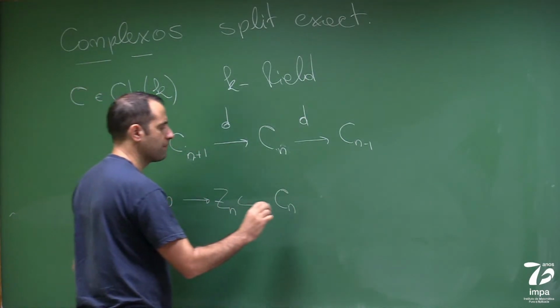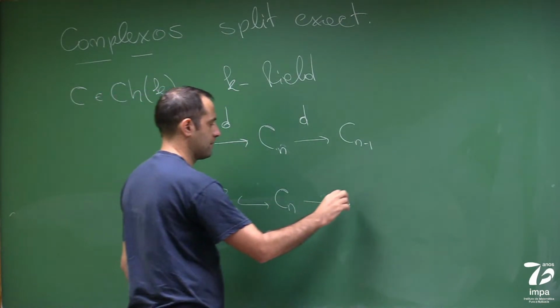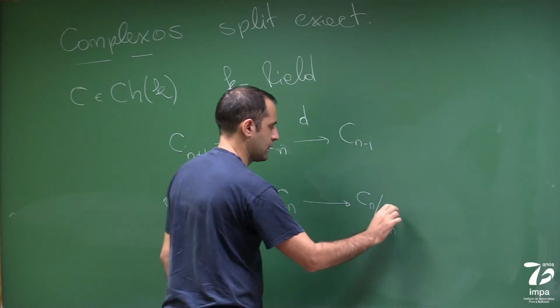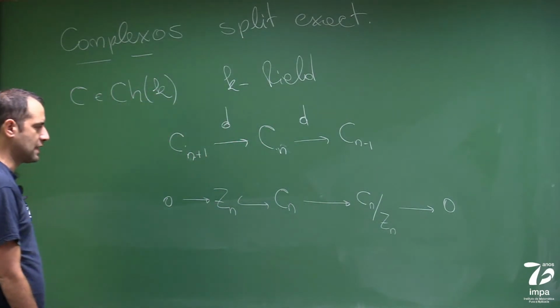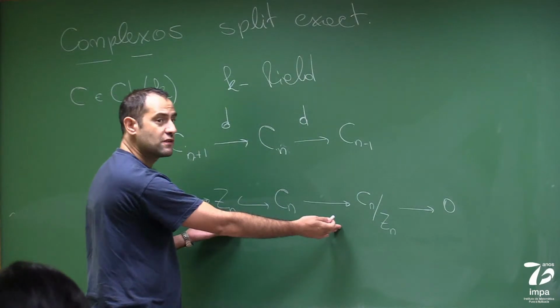By definition, and the co-kernel of this map, I write it like this, is that quotient. Now, this is a sequence of vector spaces.